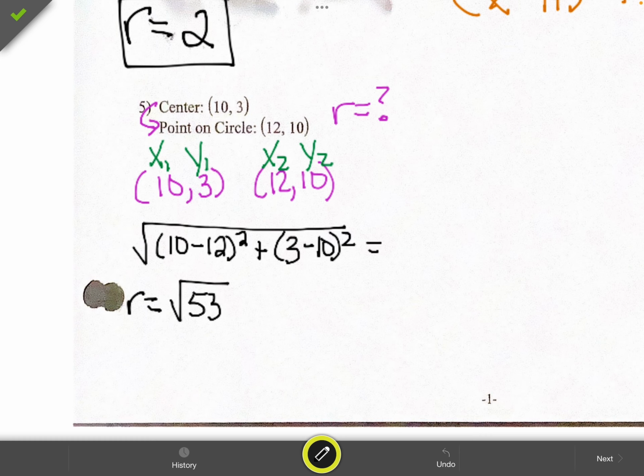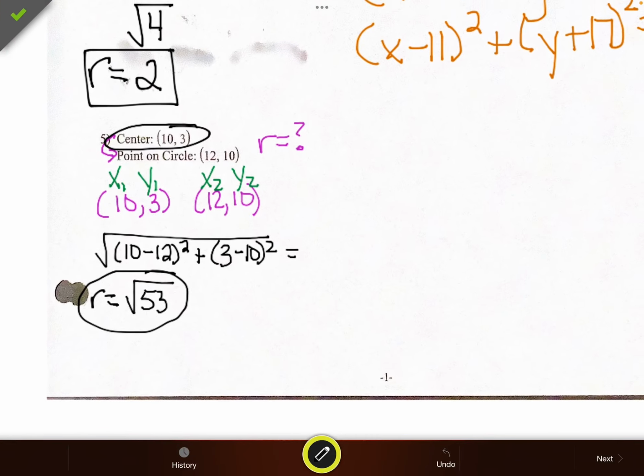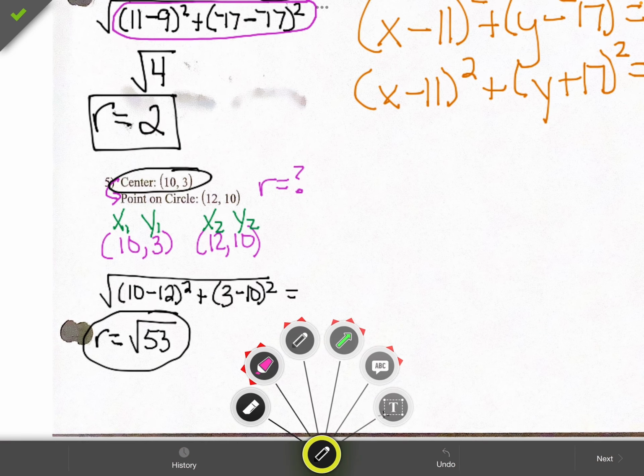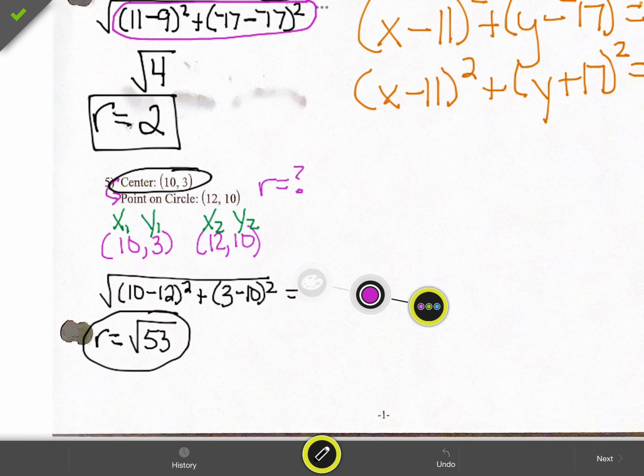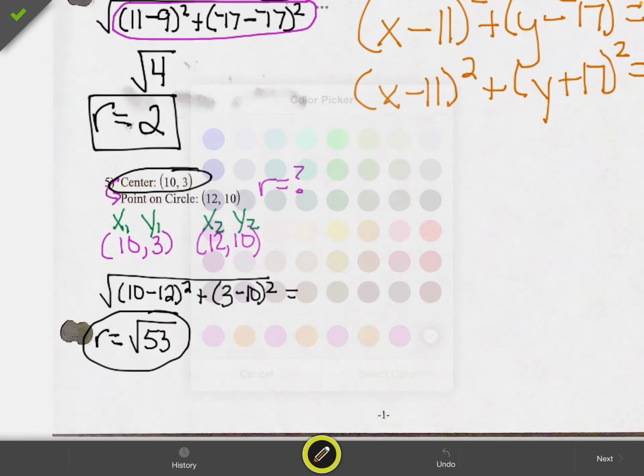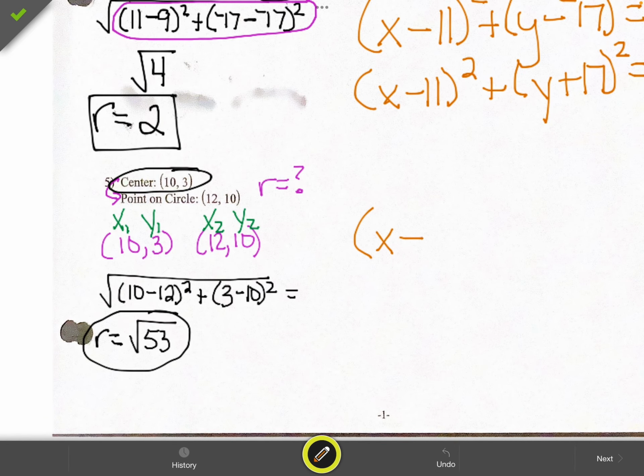Okay, so now I've got to use my h and my k from my center and what I just figured out for my radius, and I have to put it into my standard form. And so, okay, even though we don't make you, at this point you've probably memorized, x minus, what's my h?